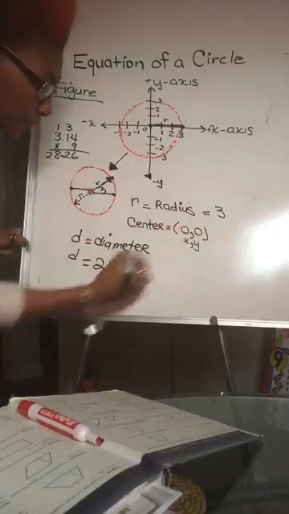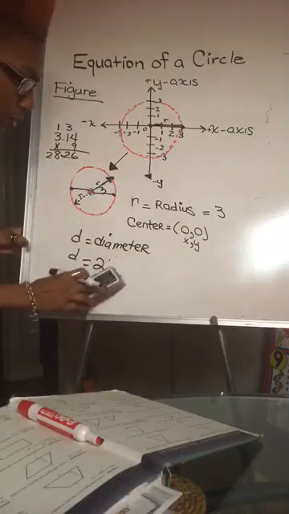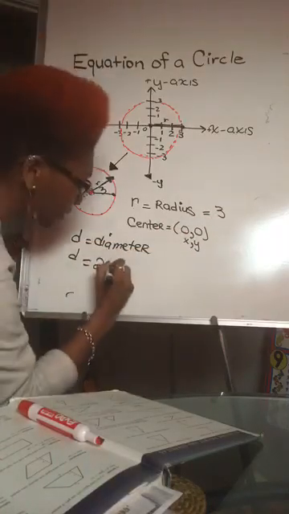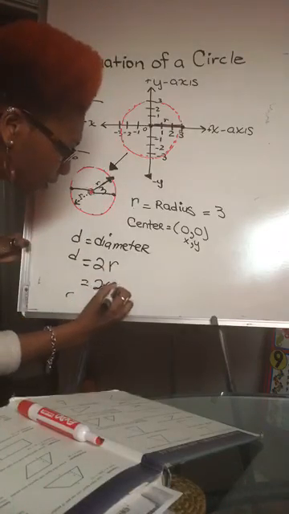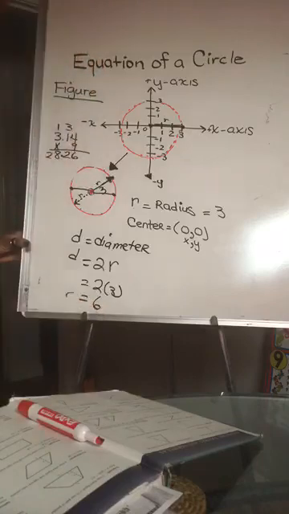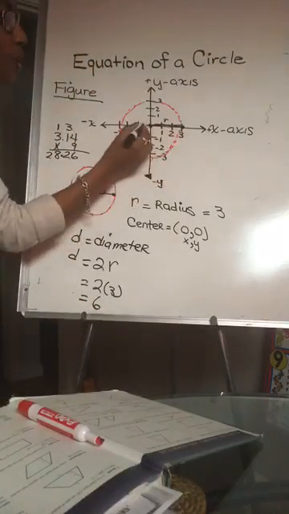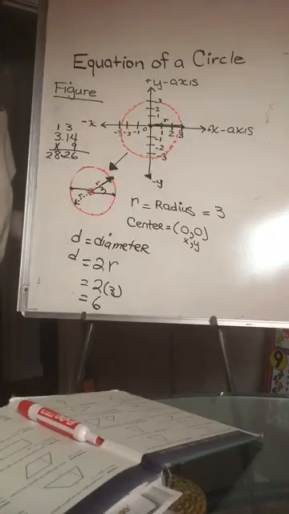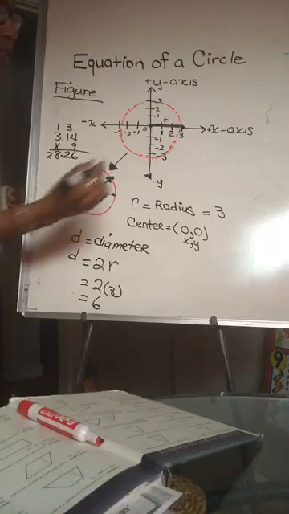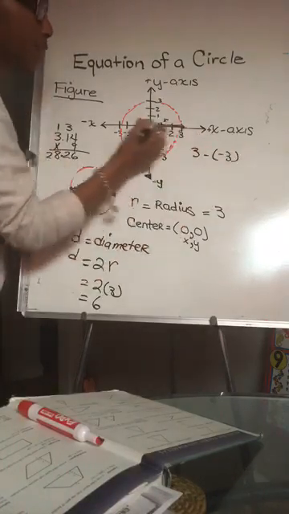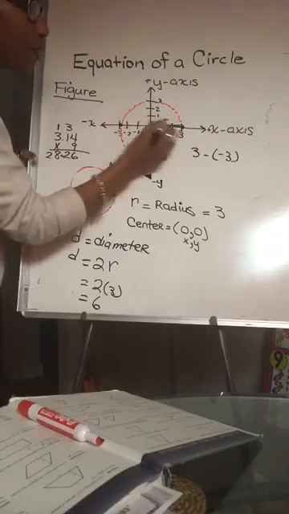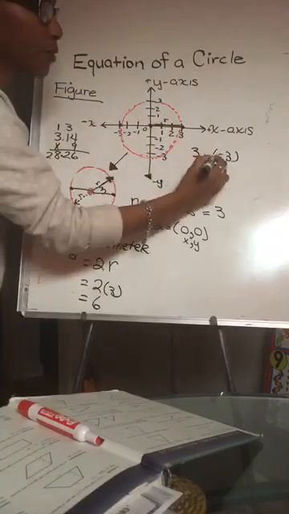So our radius is 3. Let me write it correctly. That would be 2 times 3, and 2 times 3 is 6. So for our diameter, you've got 3 going this way and 3 going that way. If I did 3 minus a negative 3, going from here to this point, that's the diameter across the circle.